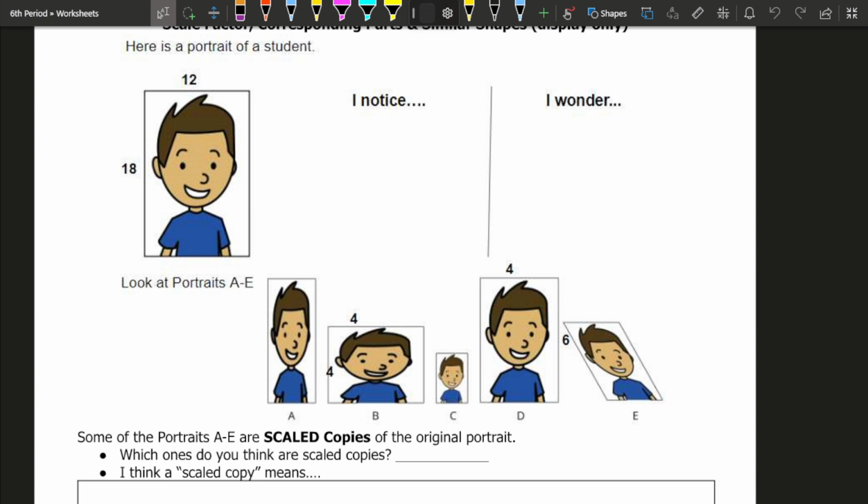Looking at the original, just the portrait, the shape of the portrait, not the person, what shape is it? Rectangle. Okay, now let's look at A. Is A a rectangle? Yes. Now, B. Look at the numbers on B. What are the numbers on B? 4 and 4.